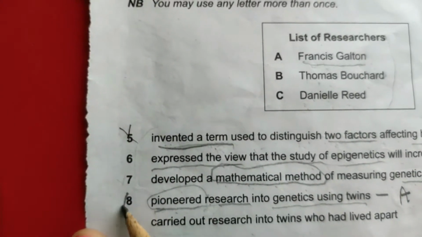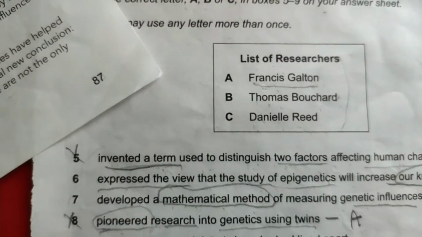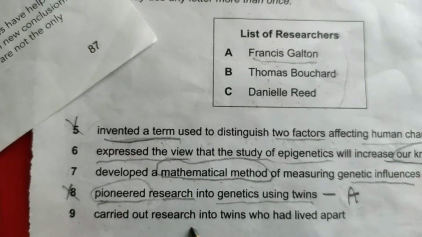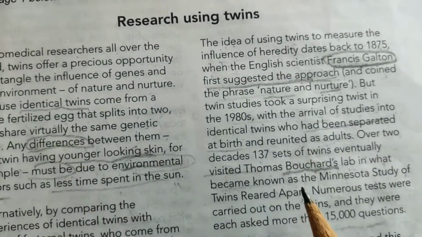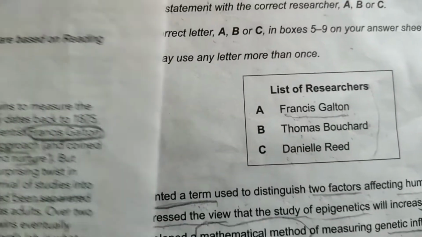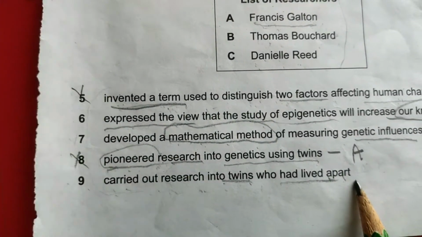Again we will eliminate this from the list of options. Now read this statement also. Ninth, carried out research into twins who had lived apart. In this paragraph again we will find this information. Who had been separated. Yes, carried out research into twins who had lived apart.